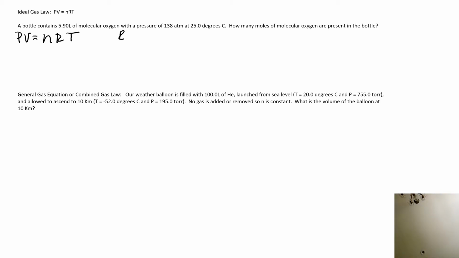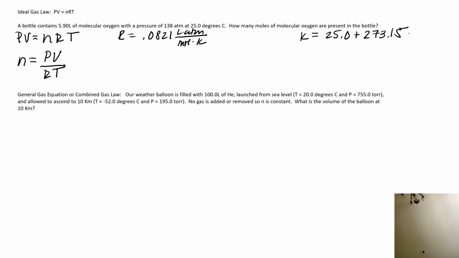Remember, R equals 0.0821 liter atmospheres per mole K. So we need to rearrange PV equals nRT to solve for n. We also need to convert our degrees Celsius to Kelvin. One decimal place, so 298.2 K.